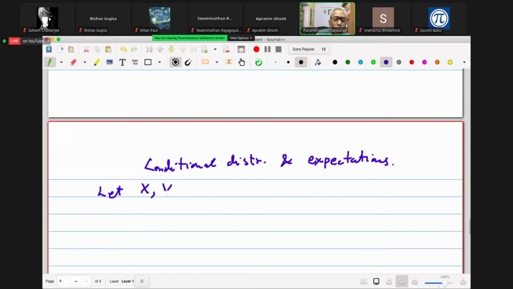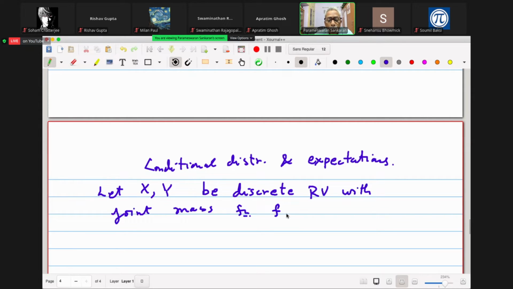We can do it for many more things instead of just doing it for a pair, but let us understand all these concepts in the context of a pair of discrete random variables with the joint mass function f_XY of (x, y).